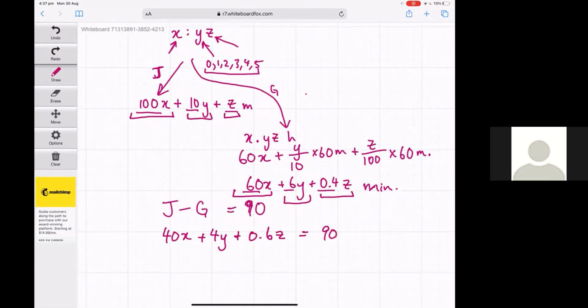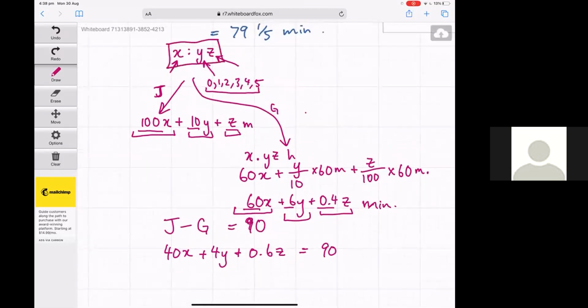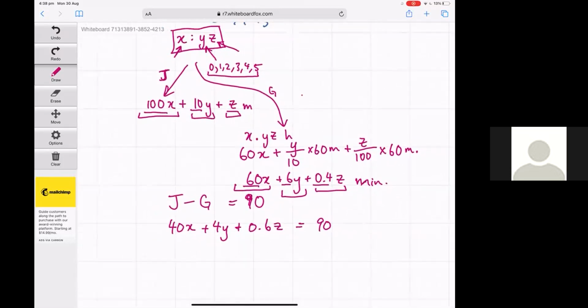Now I could just divide everything by 4. There happens to be only one possible time, X colon YZ, for this question which gives them a difference of 90 minutes.